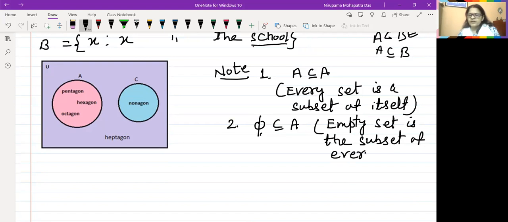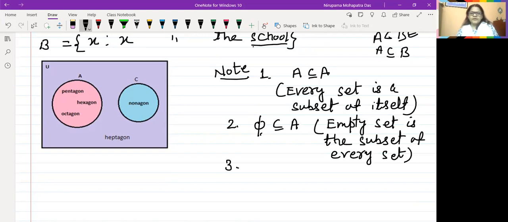When we take empty set, obviously empty set doesn't have an element, right? A set having no element is called empty set. So we cannot show the elements here because it doesn't contain any element. So as a trivial case, or you can say by default, we consider this empty set is a subset of every set.